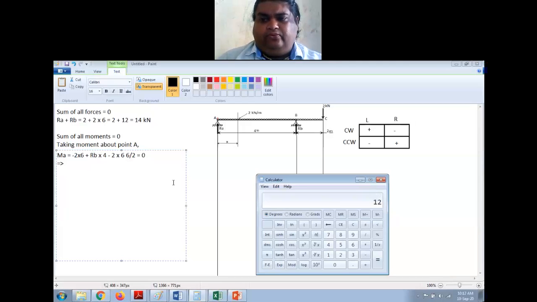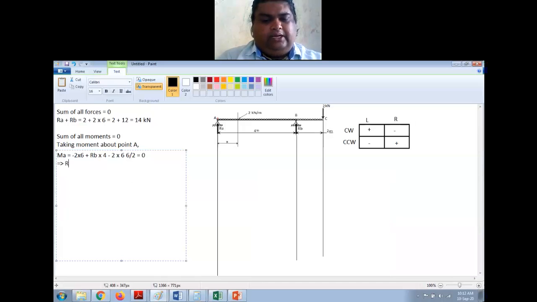I'll divide this by 4, so I get 12. So this implies RB is equal to 12 kilonewton. Okay. Now RA plus RB is 14 kilonewton. RA is equal to 14 minus 12, so that will be 2 kilonewton.